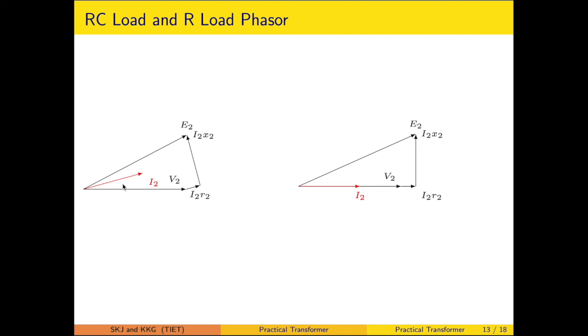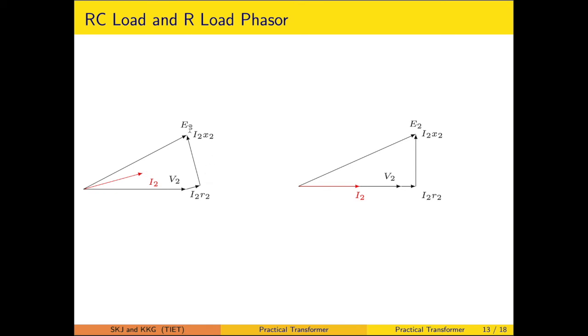In this, you can easily see that I2 is leading V2, so that's why it will be a capacitive load. In this, I2 is in phase with V2, so it is a unity power factor resistive load. Once the currents are marked, you have to mark the I2R2, that is in the direction of the current.